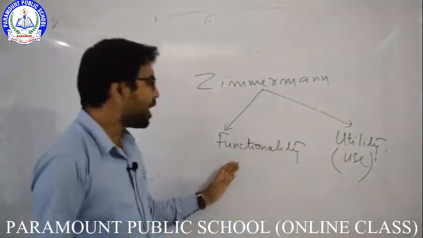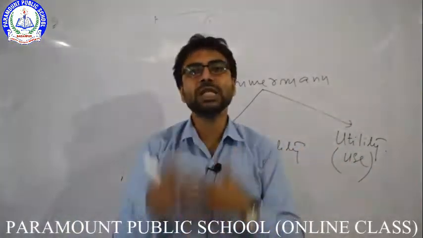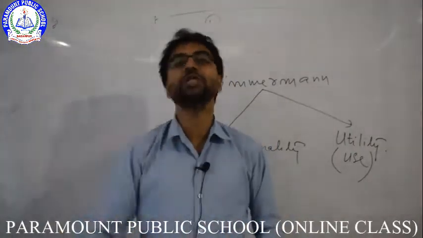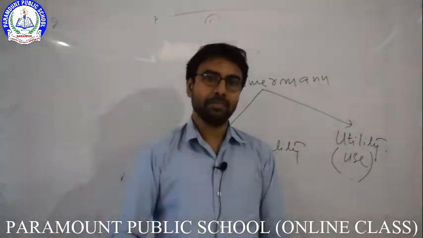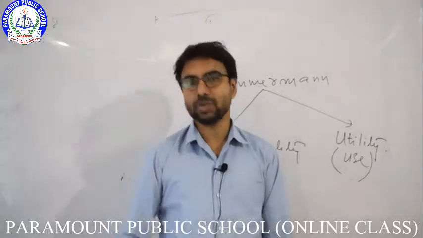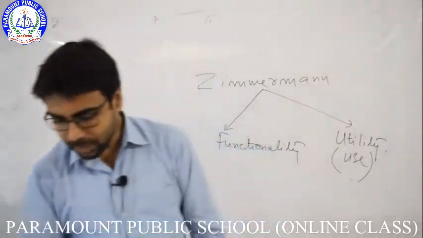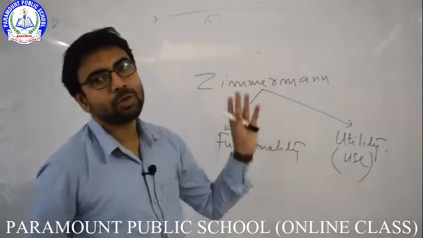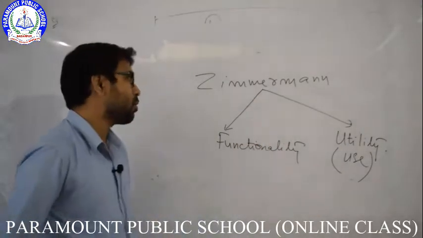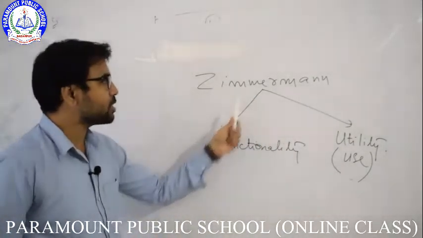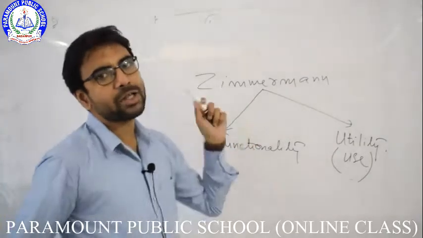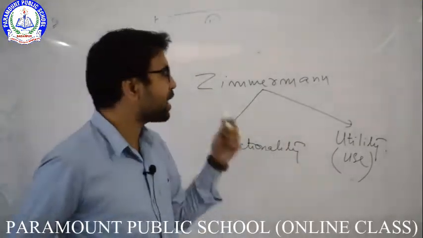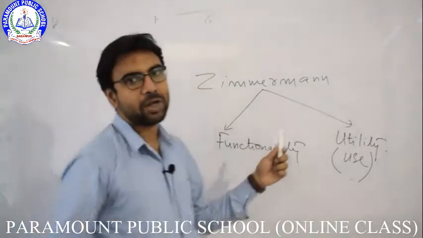Clear? And functionality, it must be able to serve a purpose. It should have a function. It should work. If it doesn't work, it is not a resource. Clear? So this is what Zimmerman says are the two qualities of a resource. According to Zimmerman, in order for something to become a resource, it has to have two qualities.